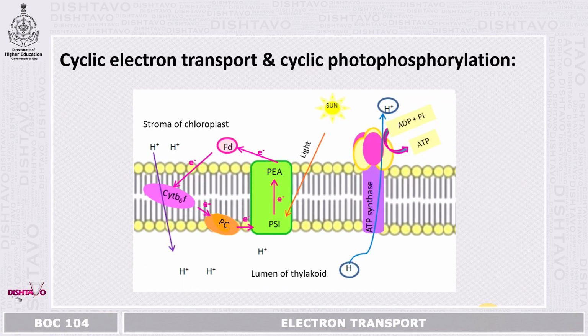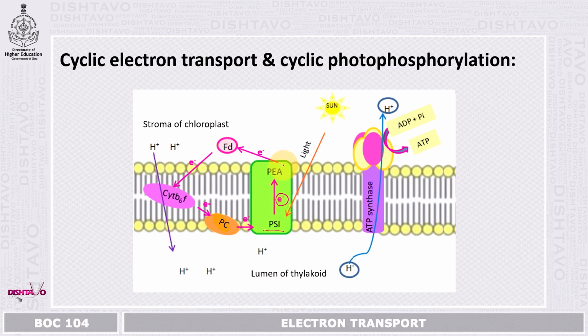Cyclic electron transport is mainly associated with photosystem 1. When a photon of light falls on photosystem 1, electrons are excited.